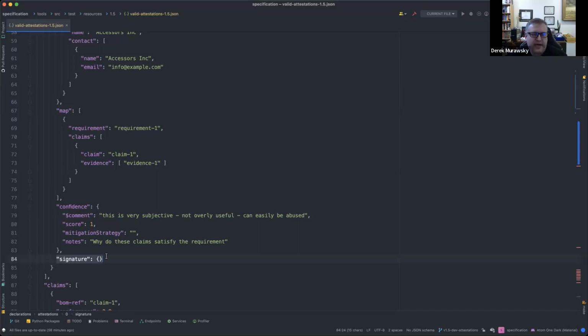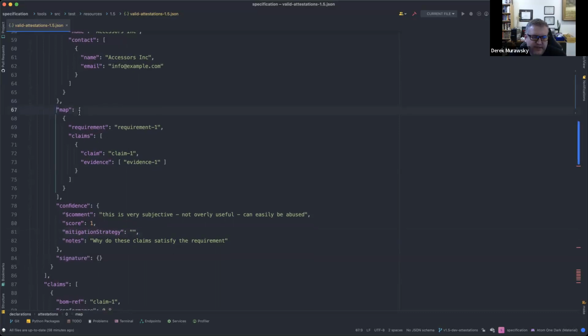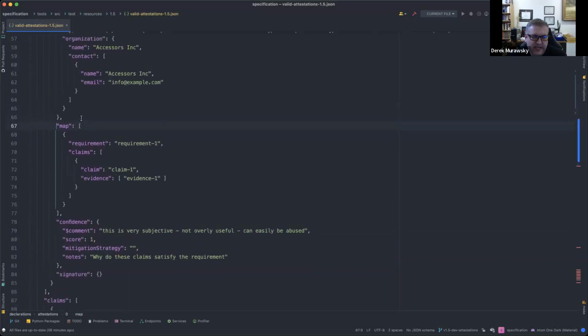What I might suggest, though, is in this mapping where we're saying, for this requirement, these are our claims, if we're not meeting the requirement, shouldn't that be in the mapping, not out there? The way this is going right now, we're going to have a lot of these objects.